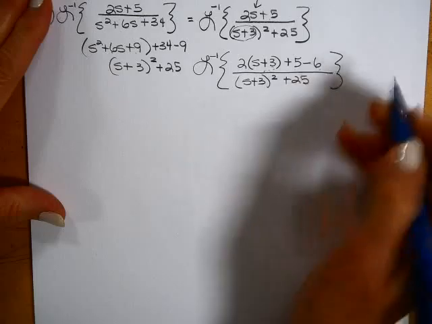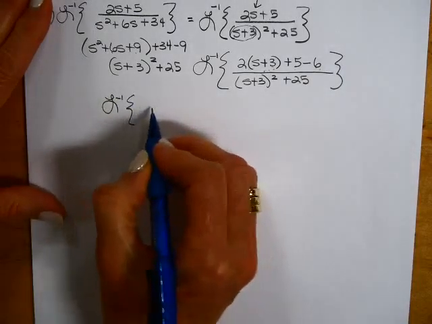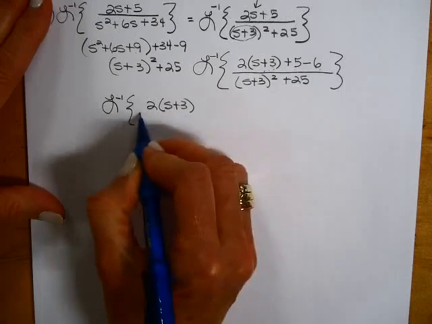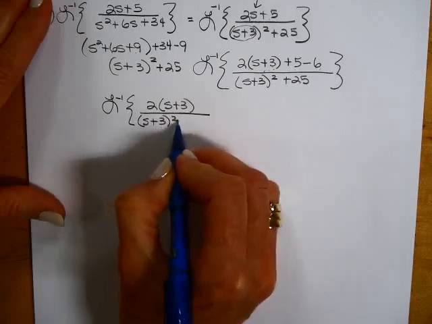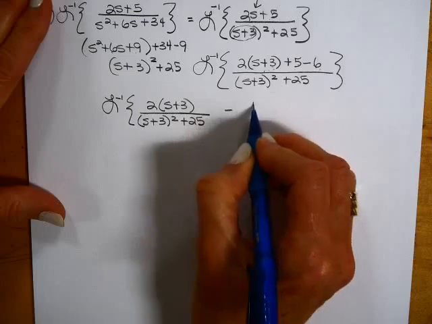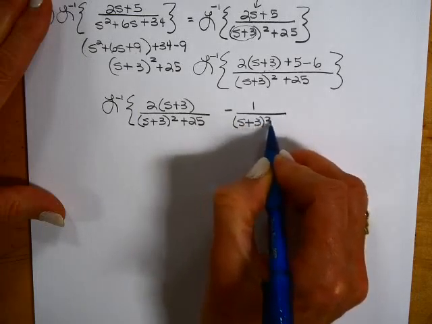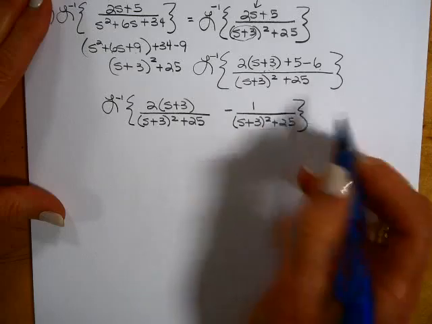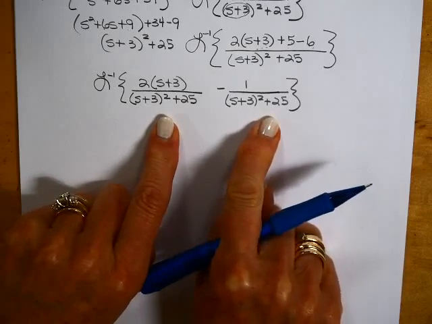All right, this is going to split into two fractions. The inverse Laplace transform of 2 times s plus 3 over s plus 3 squared plus 25, 5 minus 6 is minus 1 over s plus 3 squared plus 25. And you do the inverse Laplace transform of each of these separately.